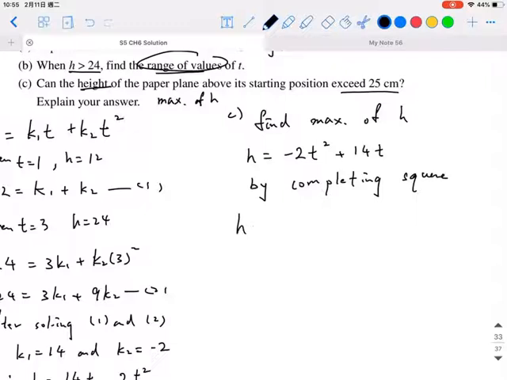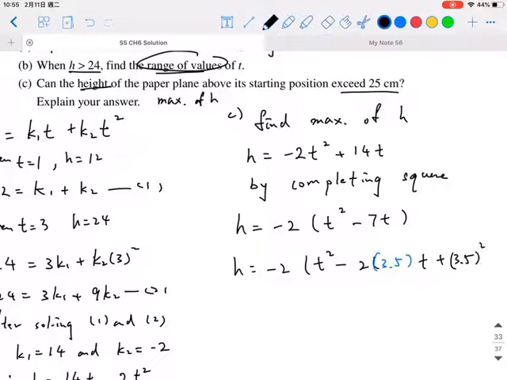okay, h is equal to take a negative 2 and t squared minus 7t. And next step is t squared minus 2 times 3.5t, and I will write down plus 3.5 square and minus 3.5 square.